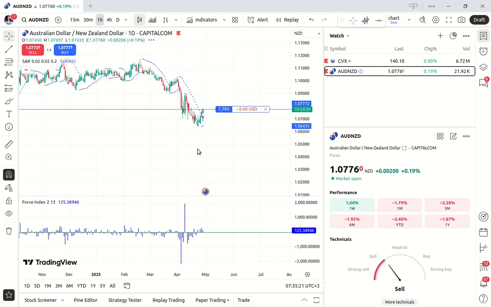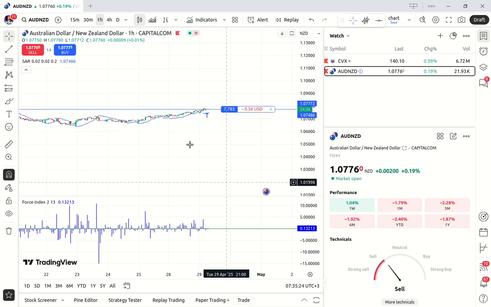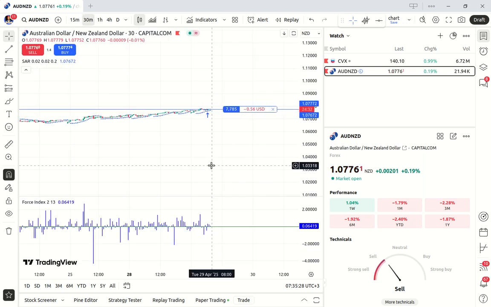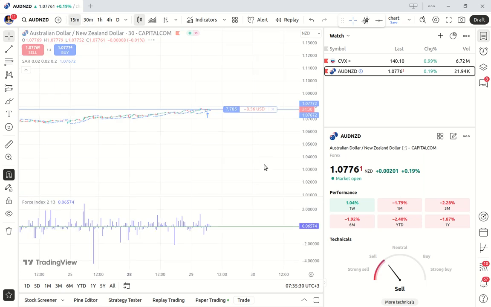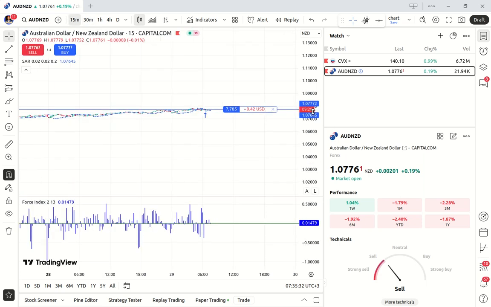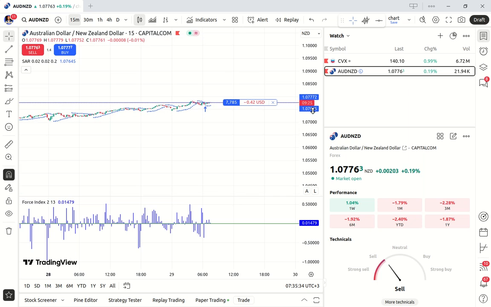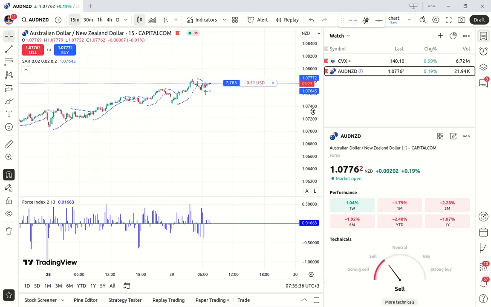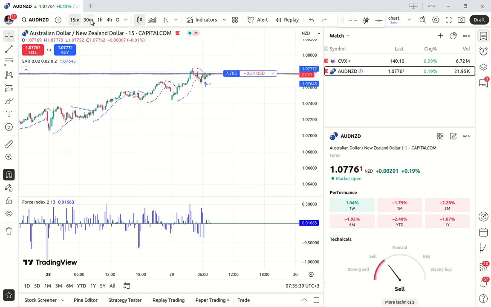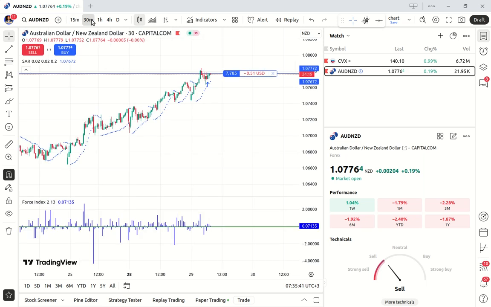Now again, trading can be a little bit complicated to some extent. But one thing to remember about trading is that you do not want to follow the trend.